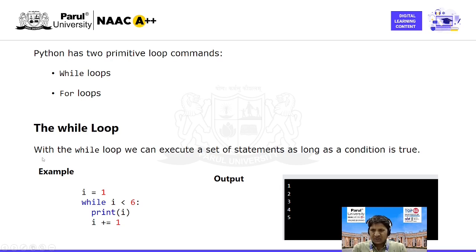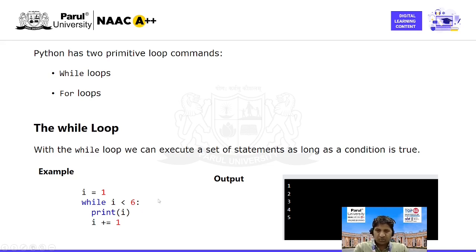You can see, suppose you want to print the numbers 1 to 5 onto the screen, then i = 1. This statement is known as the start statement, from where your loop starts. Your loop starts from 1. The second step is the stop condition, while i < 6.